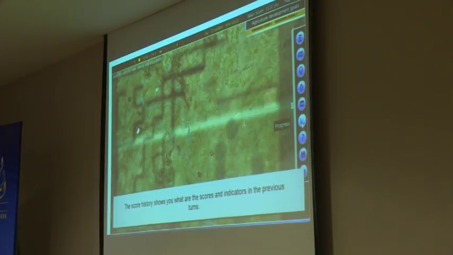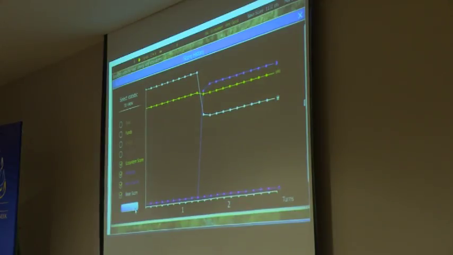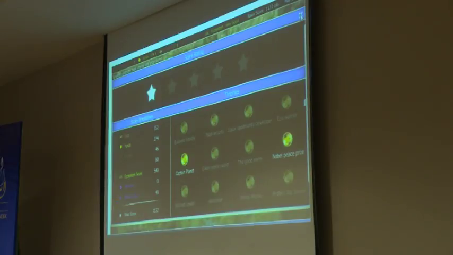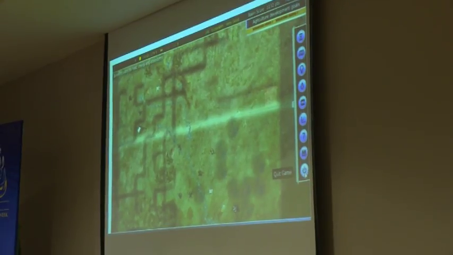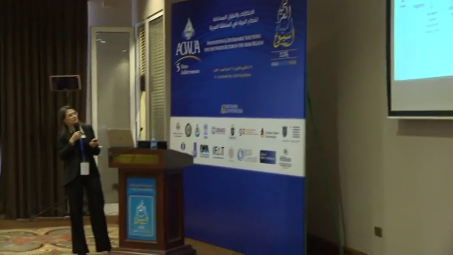I should perhaps say that this is just one example of how it might look. It can easily be tailored specifically and also be used in stakeholder dialogues. And then you get points depending on how well you did. This is a way of seeing your scoring principles and whether you're overall doing well. And then you can quit the game and start again.